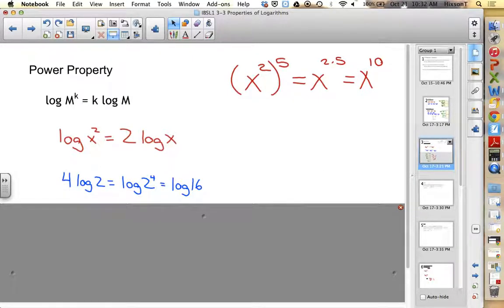If we have something like 4 times the log of 2, I could rewrite that by putting the 4 back in the log as 2 to the 4th and simplify it down to the log of 16. And if you used your calculator and figured out what 4 times the log of 2 was, and then what the log of 16 was, you'll get the same thing. It's just a different way of writing it.